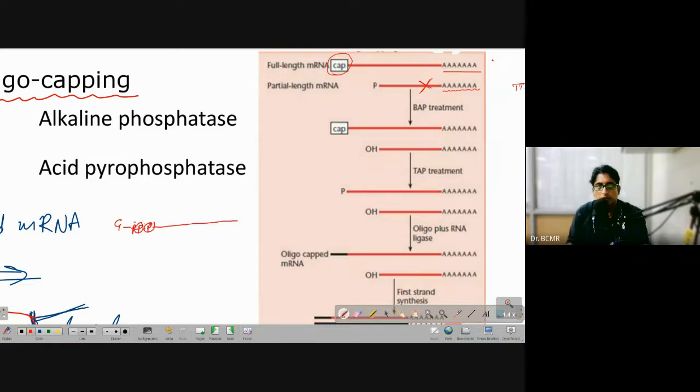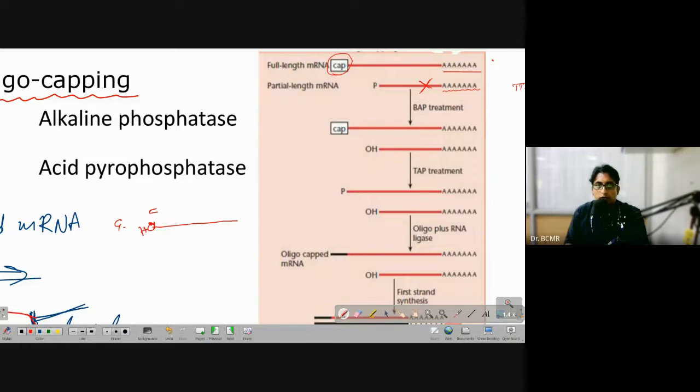This alkaline phosphatase will act on these phosphates and will break them off like this. So what you will be left with is an OH.